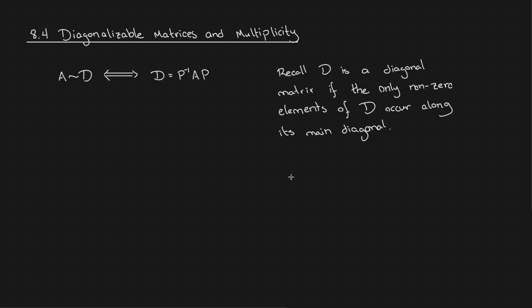So let's explore if an n by n matrix A is similar to a diagonal matrix D.